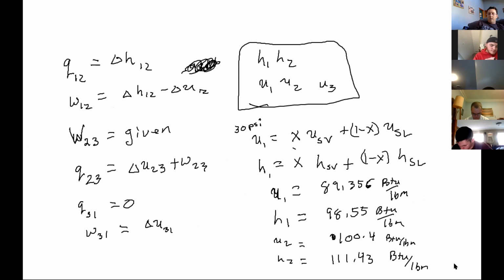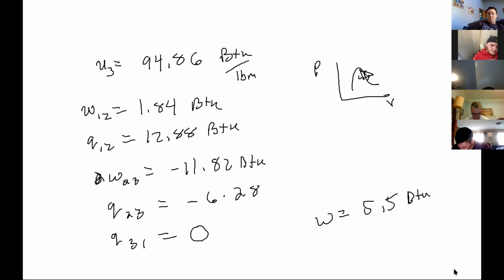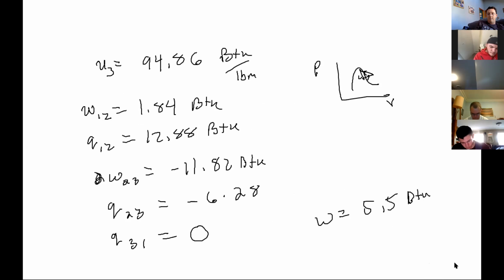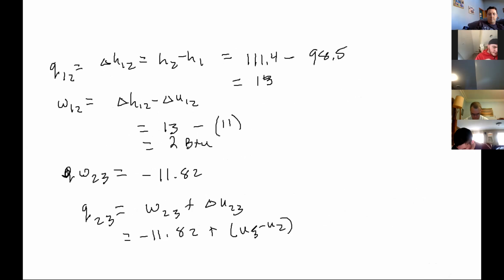So I'm getting about, it's going to be like 5.5 roughly. Negative 5.5. So this is about negative 5.5. Pulling it together, this comes out about negative 16, 17 plus change.